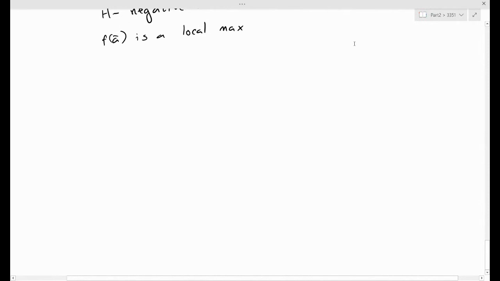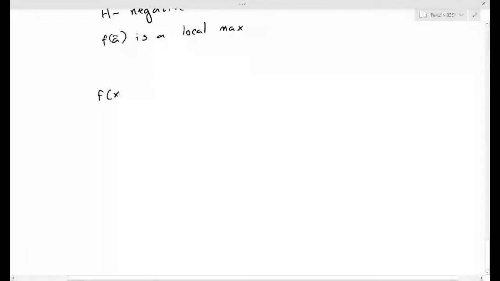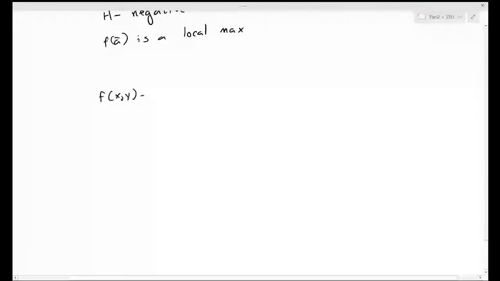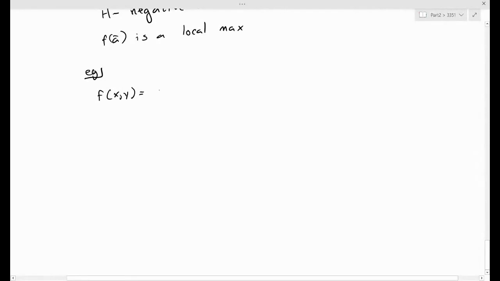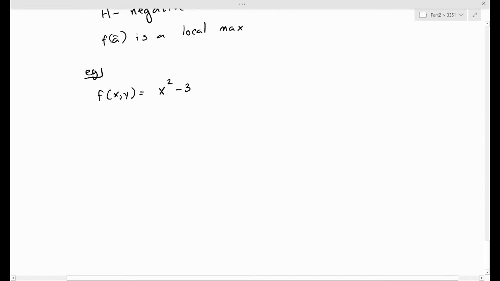Okay, so let's look at examples of this for a function of two variables. Well, actually, let me do something interesting. So suppose you have this function.